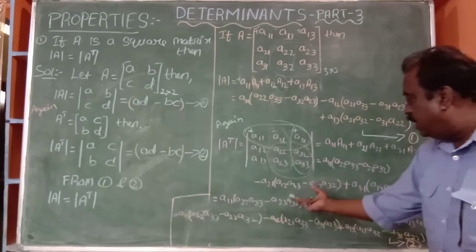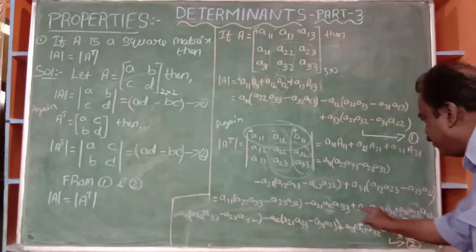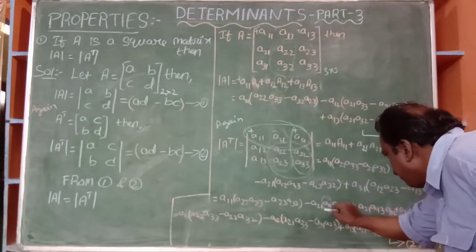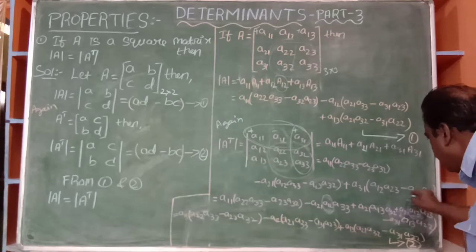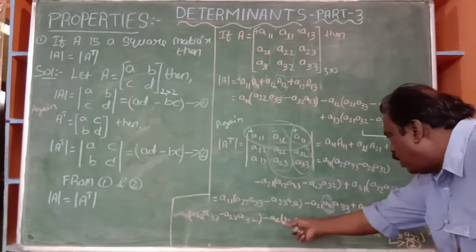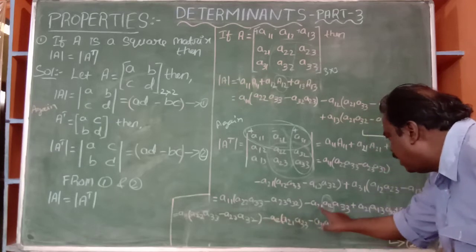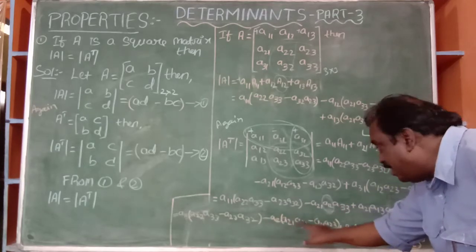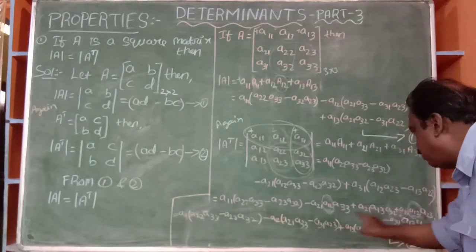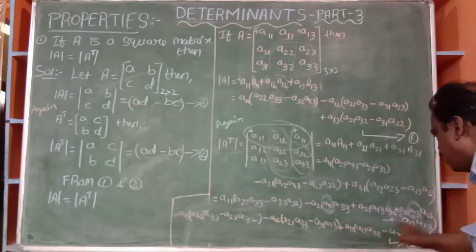Again, the first bracket is as it is, and in the expansion these two terms are expanded. Here a12 is there, and here also a12 is there. In these two terms, take a12 as common, with a minus sign: a21 a33, and if minus goes out, the plus becomes minus, a31 a23.